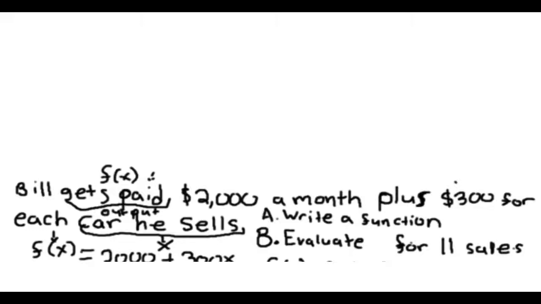So again, one of the hardest parts about functions is actually writing the equation to start off with, because that's something a lot of people have trouble doing first. So just keep in mind, the first thing we did here was identify what is our output and identify what is your input. Because identifying your variables sometimes is the hardest part of writing an equation. It's impossible to write a function without doing that first initial step.